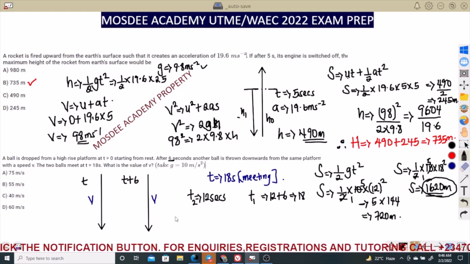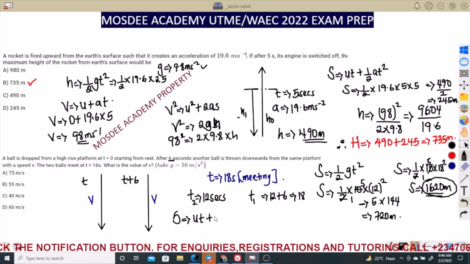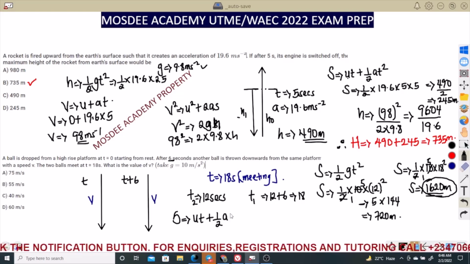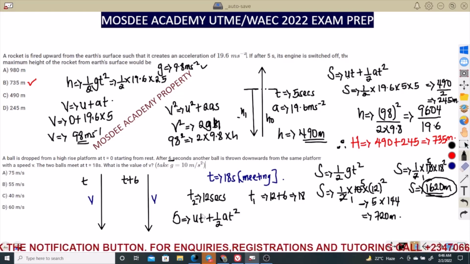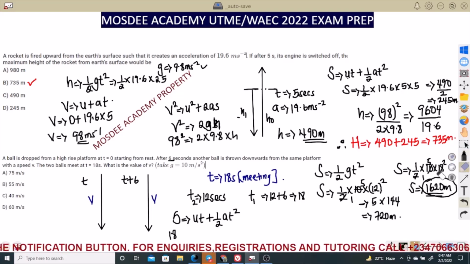So going by my full formula, which is s equals ut plus half at squared, this should give us the distance moved by the first ball in 18 seconds, which is 1620.